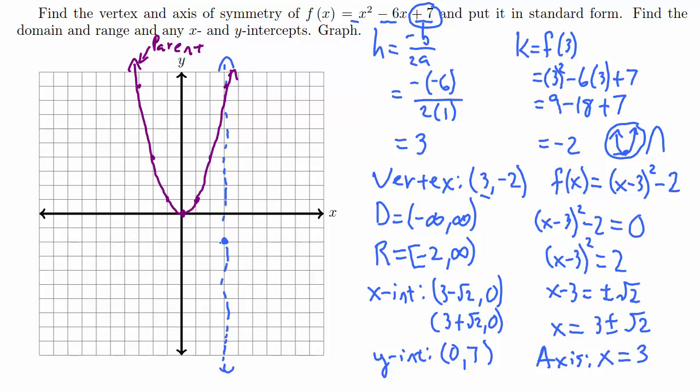We're going to do the exact same thing here. If I go right 1, I square 1, and that gives me 1. So I'm going to go up 1. If I go right 2, I can go up 4. If I go right 3, I can go up 9.